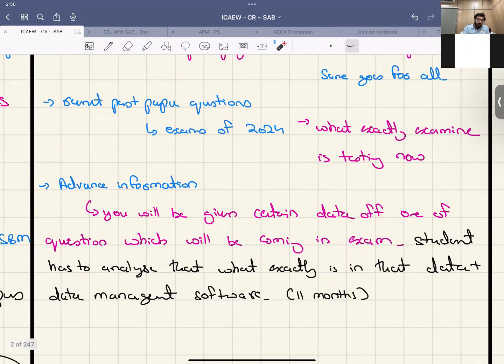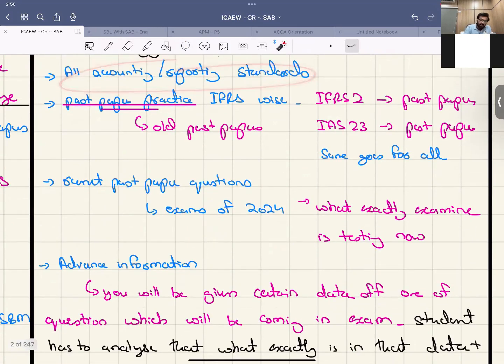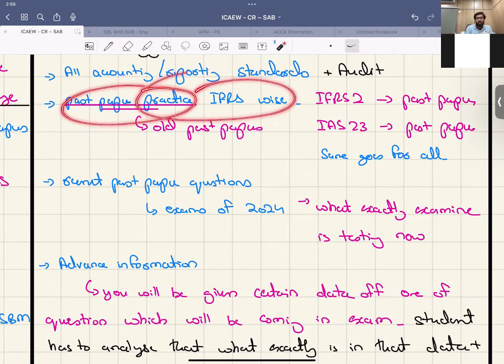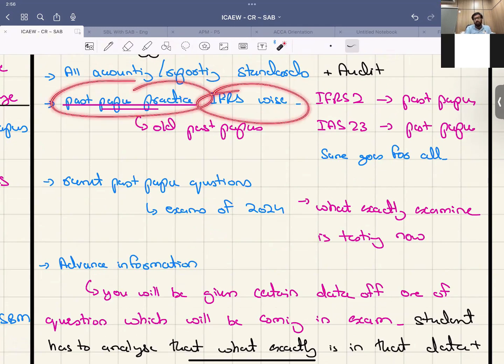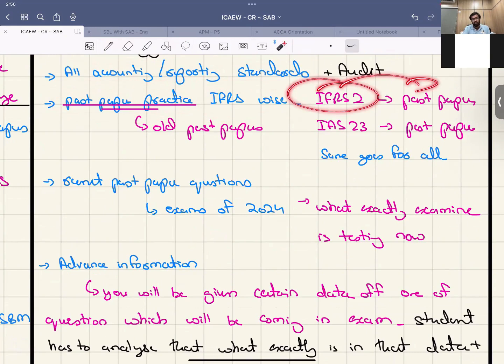Once we have covered the accounting and reporting standards plus audit in the lectures, we'll attempt past papers IFRS-wise. Let's say we are doing IFRS 2, we'll do a past paper. We are doing IAS 23, we'll do a past paper.